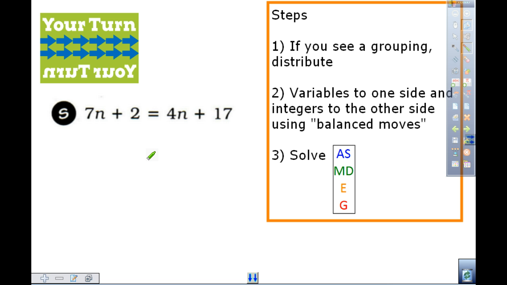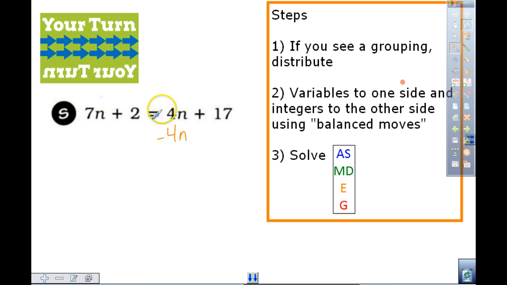So here we go. Let's go here. Start off with, looking at your notes, what should we cancel out from the right-hand side? Start there. 4n or 17? 4n. So let's do that. Remember, it's always the variable on the right.